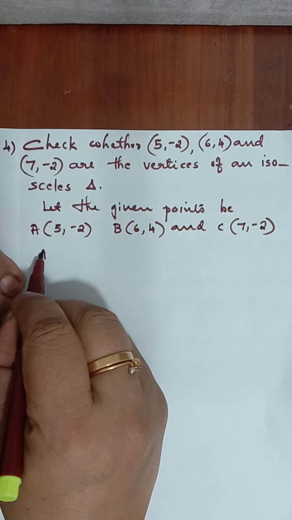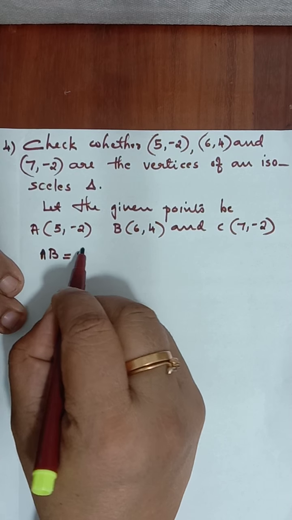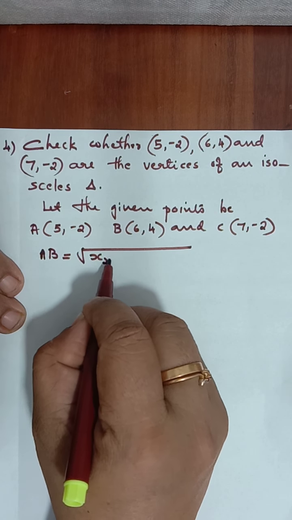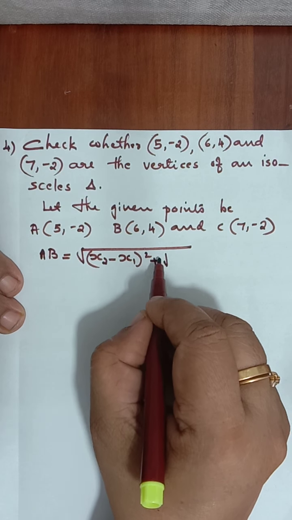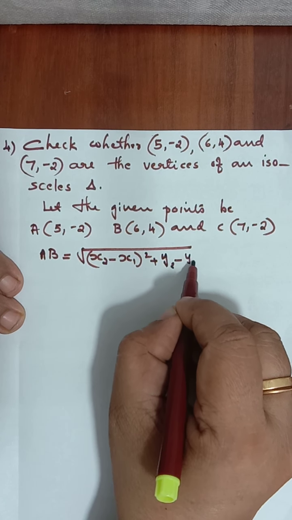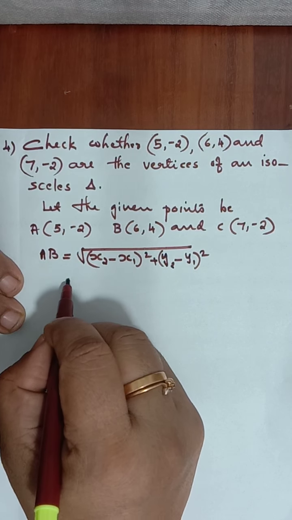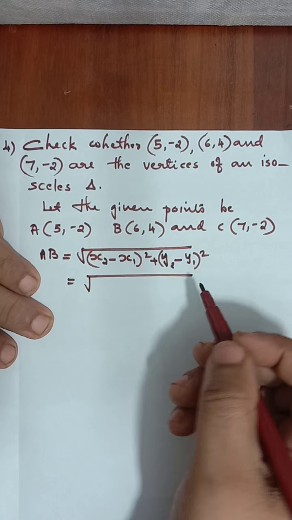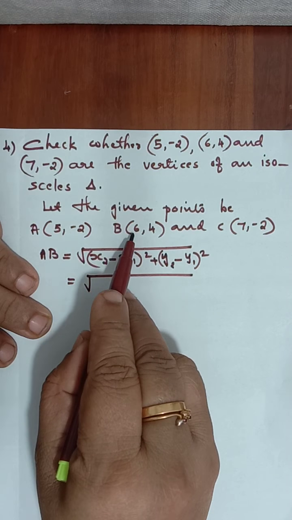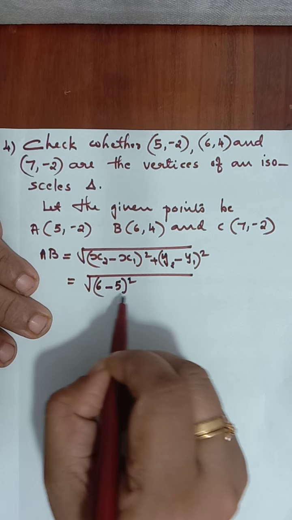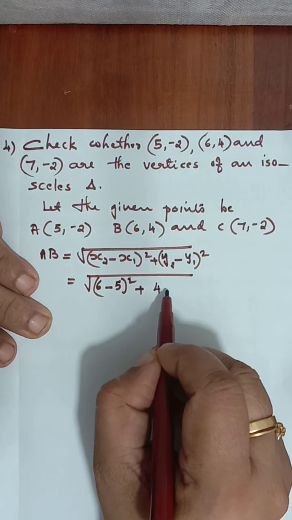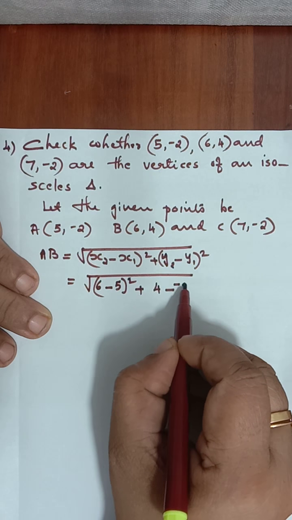Let us find out each side. AB is equal to square root of, for the first one you have to write the formula x2 minus x1 whole square plus y2 minus y1 whole square under the root. That's equal to square root of x2 minus x1 for AB. This is x2 y2. x2 minus x1 whole square plus y2 is 4 minus y1 is -2.